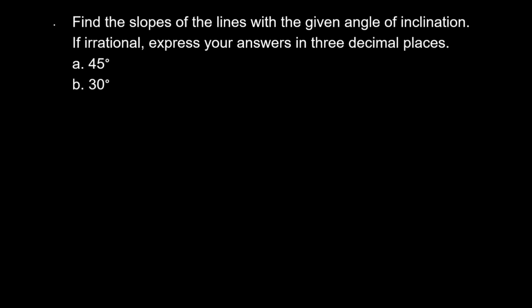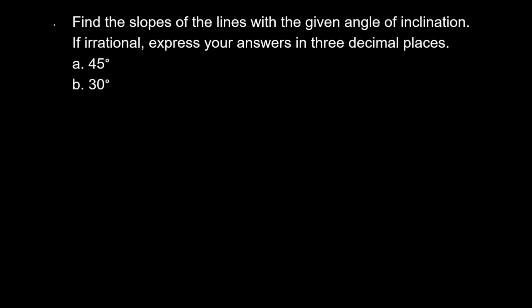Now, paano kapag hindi given ang 2 points? Ang given ay inclination of the line. Find the slopes of the line with the given angle of inclination. If irrational, express your answers in 3 decimal places.